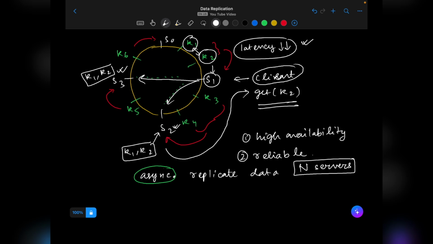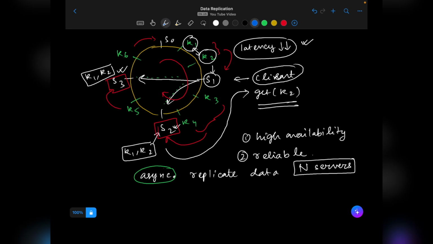Now this data replication happens in consistent hashing, where we move in a clockwise fashion, as you know. So S1 will get the data of key 1 and key 2, and if we go clockwise, S2 and S3 also get it. Now the data is replicated.